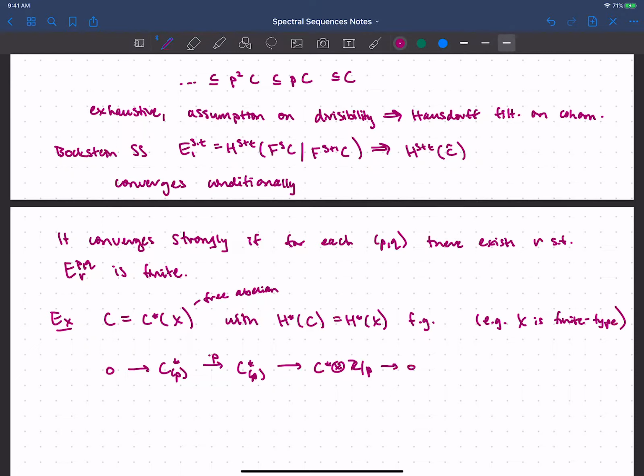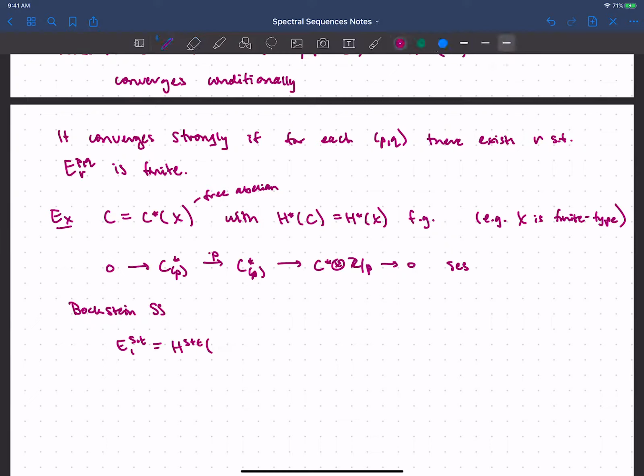So our Bockstein spectral sequence looks like E_1^{ST}. I guess here we're just going to have the cohomology mod P, right? And this will cook up for us the cohomology of the localization.